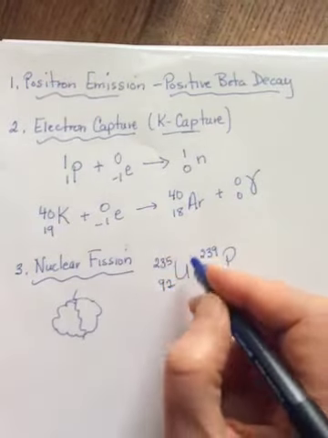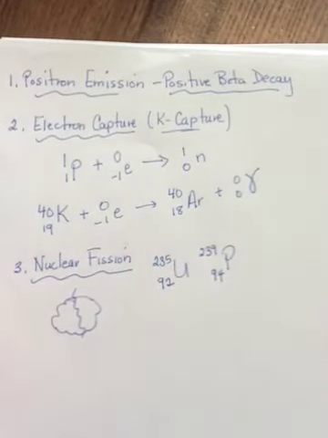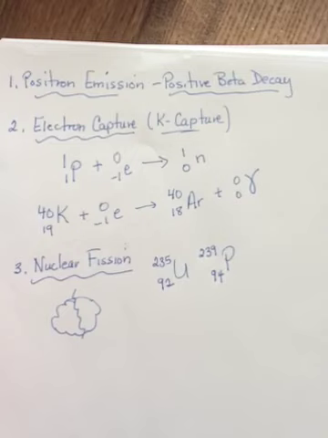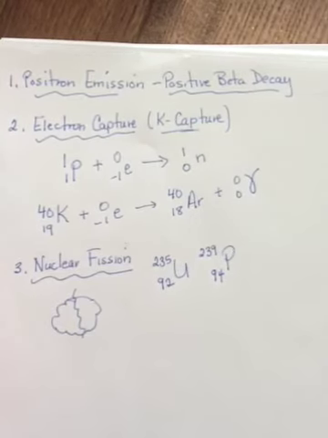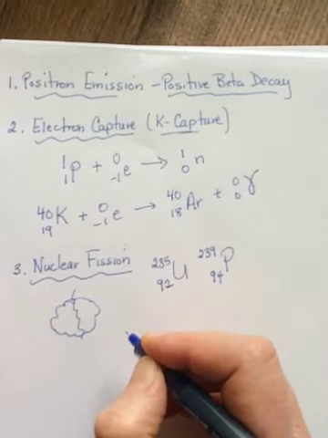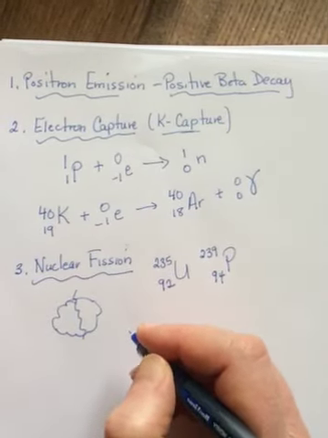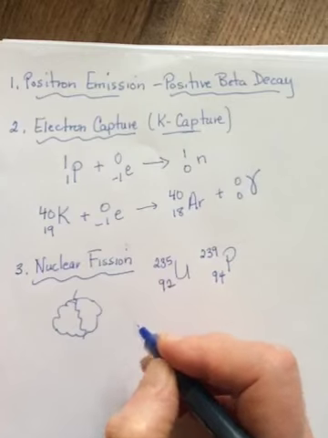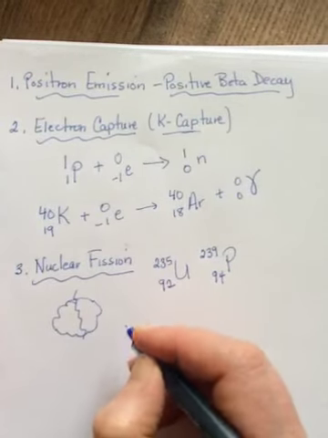So uranium-235 is going to have a lot of binding energy per nucleon. But when it breaks apart into two smaller particles, the amount of binding energy each of those needs is less. And so there will be excess energy left over. And that excess energy is what we use either for power or to blow up a country.